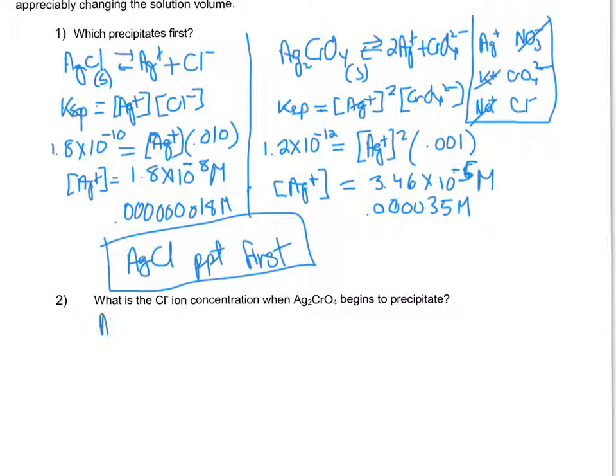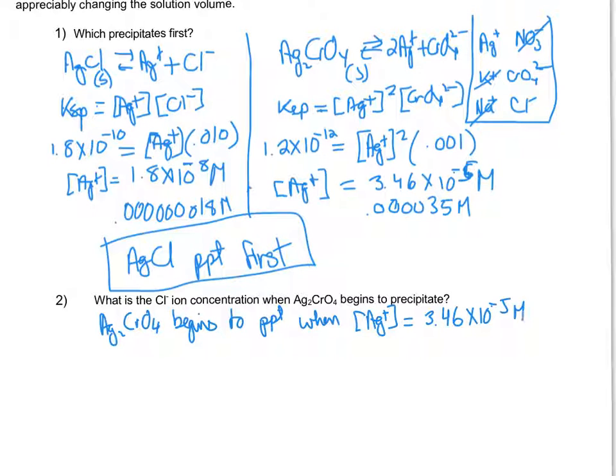The Ag2CrO4 begins to precipitate when the silver ion concentration reaches 3.46 times 10 to the negative fifth molar.